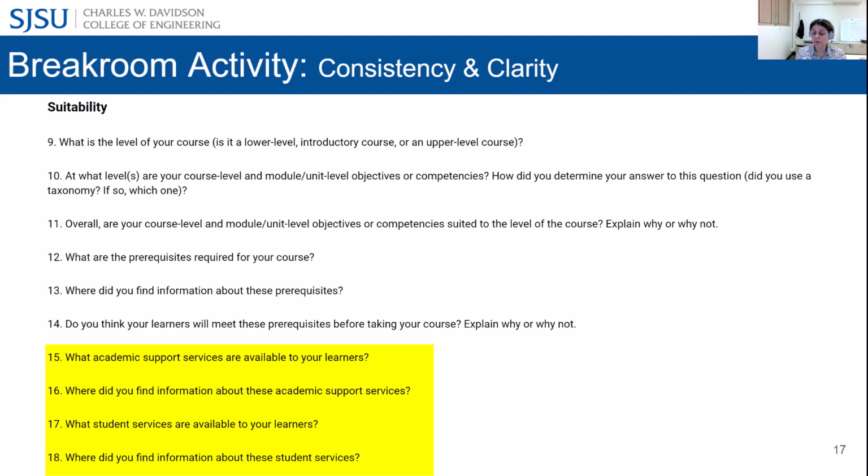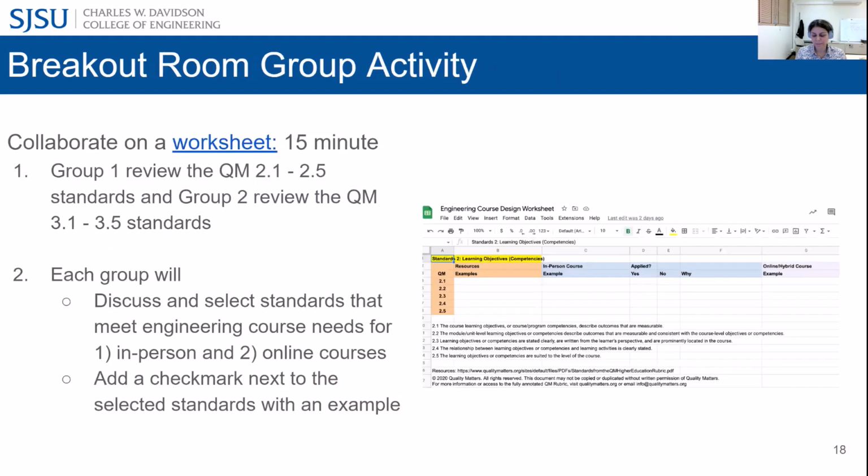Because for this course, that would be very, very helpful. Because the main project or the main delivery of this course for my students is a written proposal that they should use for their future master program. So that is why there is a lot of emphasis on the academic support services available. So what other information can you provide to help them? And these all go under the category of suitability.